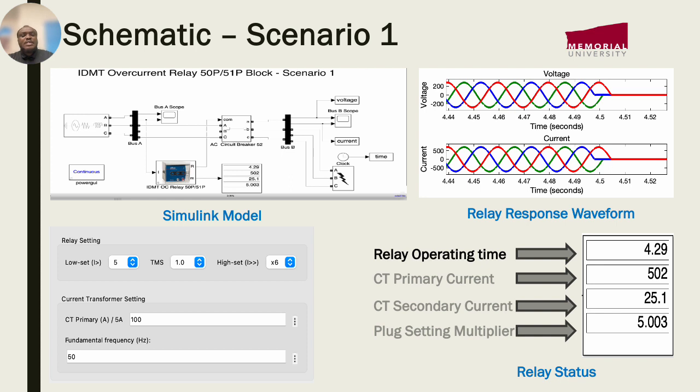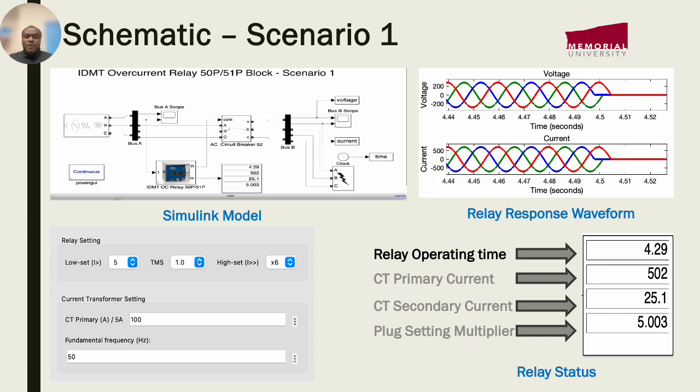But when we consider the trip time due to the mechanical movement of the relay, we realize that the relay actually tripped at around 4.5 seconds. So that is our default scenario.